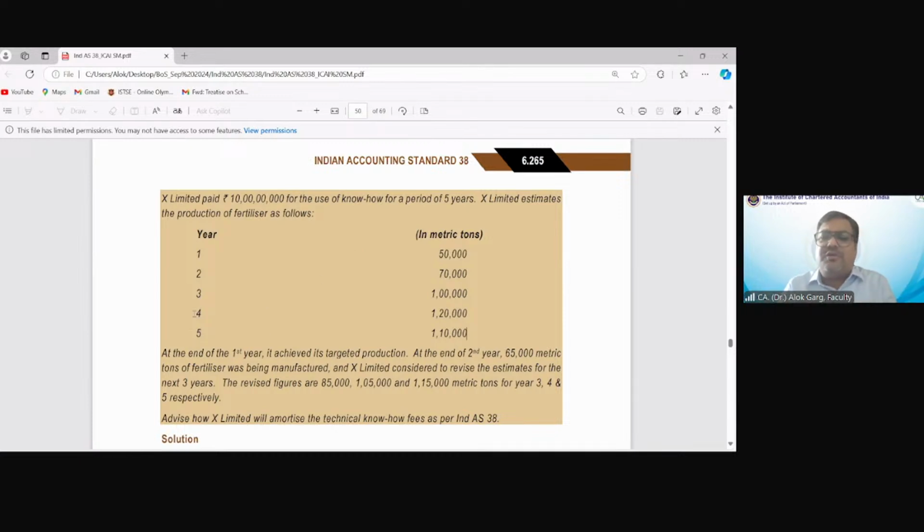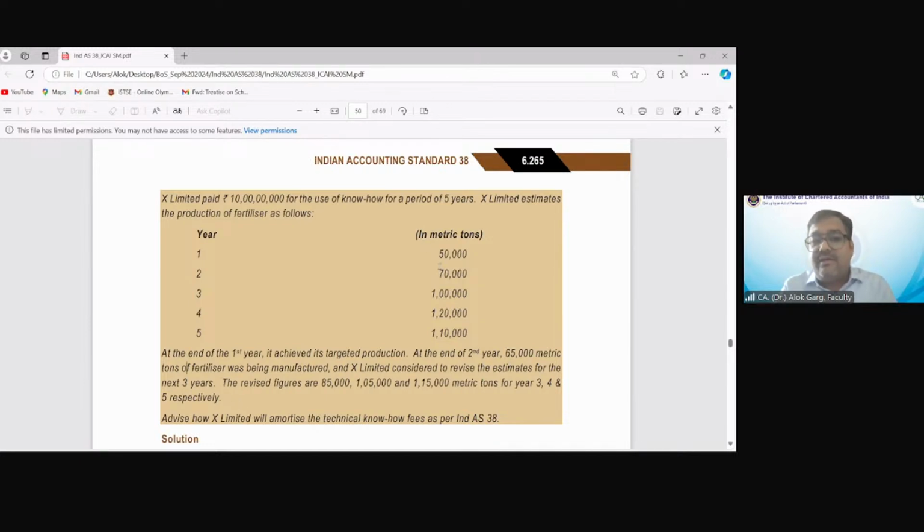Now let's read the question. At the end of the first year, it achieved its targeted production. 50,000 they had estimated when they acquired. They have estimated first, second, third, fourth, fifth year figures. At the end of the second year, 65,000 metric tons of fertilizer was manufactured, and X Limited considered revising the estimate for the next 3 years.